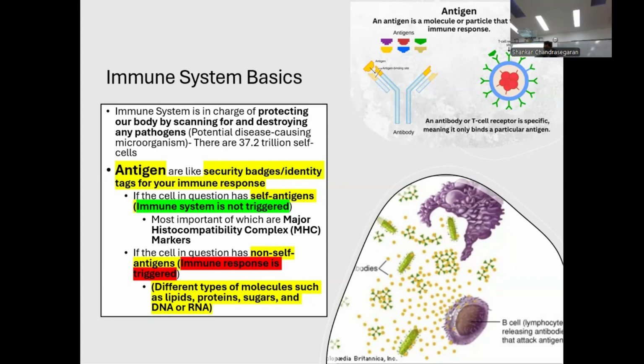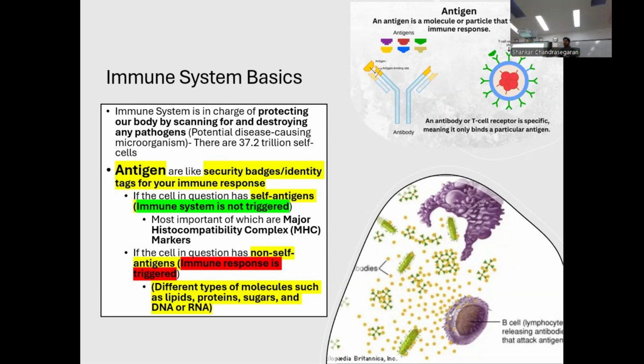There are two types of them, and we'll talk about the two. But by having these antigens, your cells are signaling to your immune system that this is your own cell, right? It's a marker, an identity tag showing your immune system that this is your own body cell.